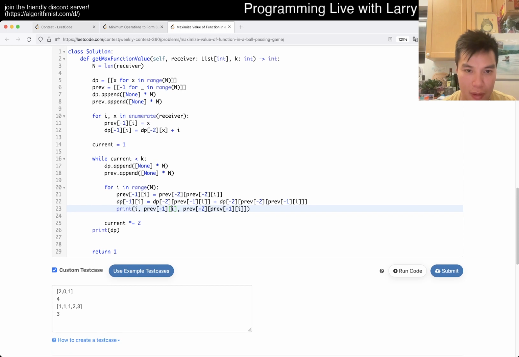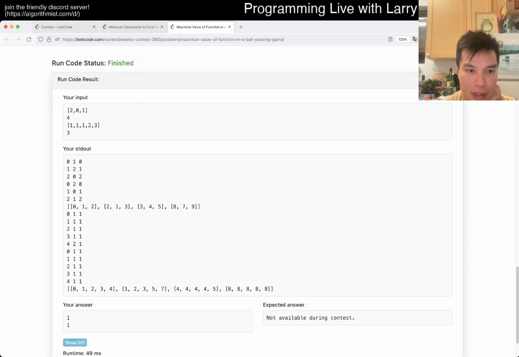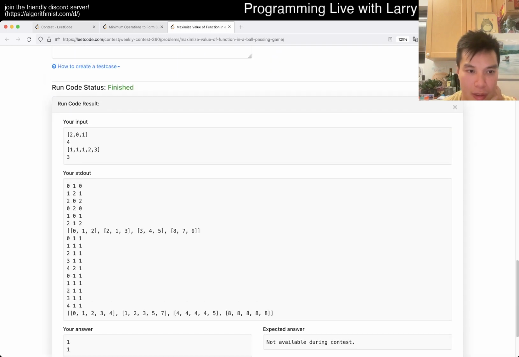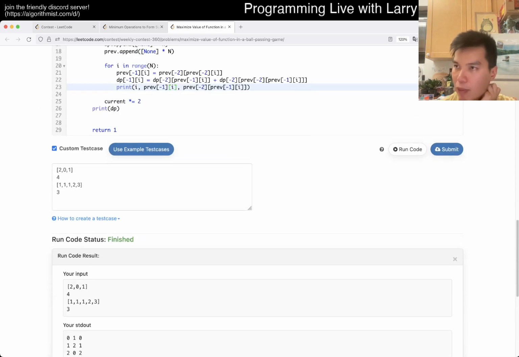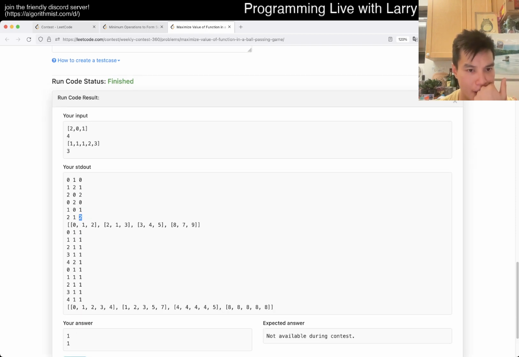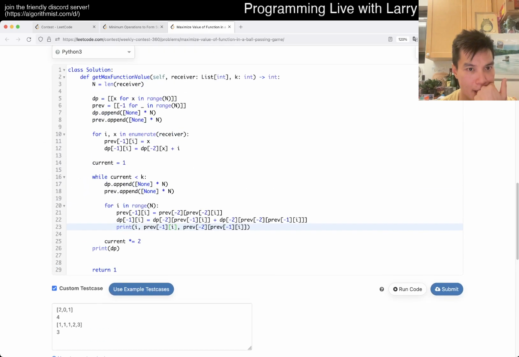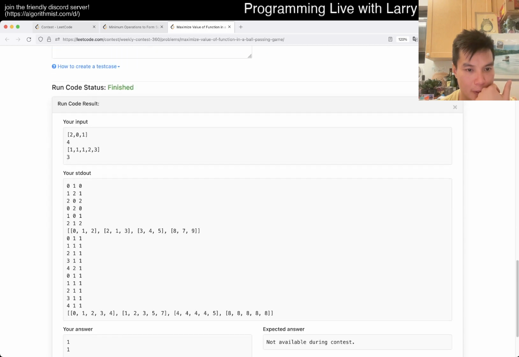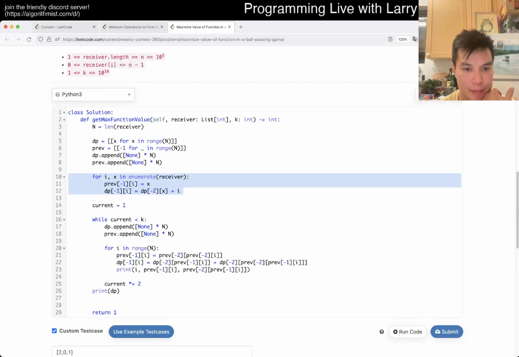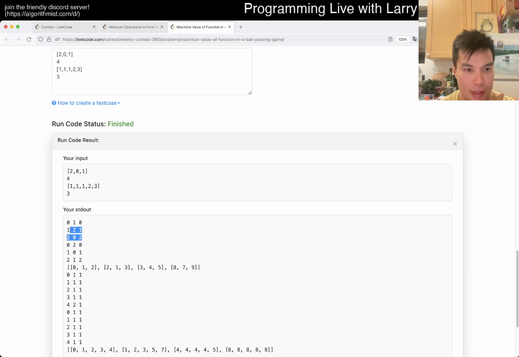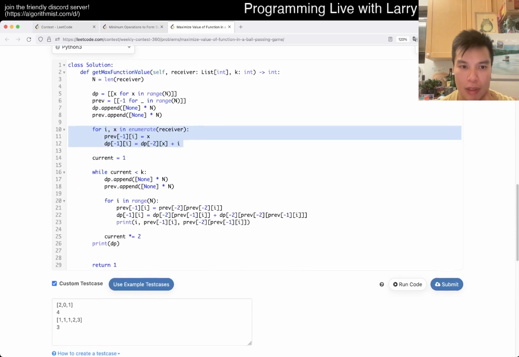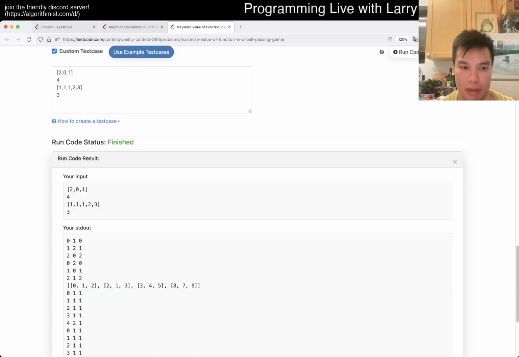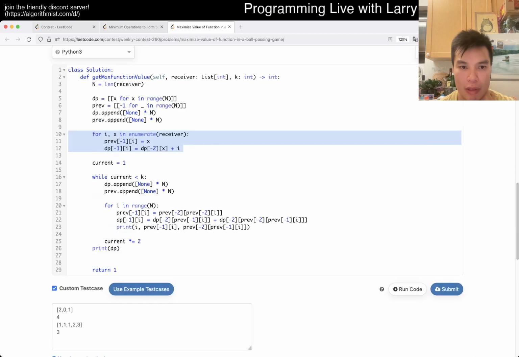Oh wait, no, okay, so our previous is 1. And then a previous after one more move is 2. That's not right. This is one move. This is the move. So 2's what? This is already, wow.